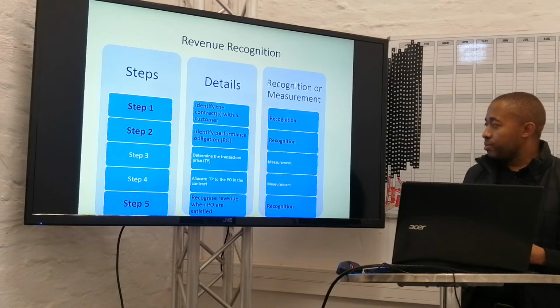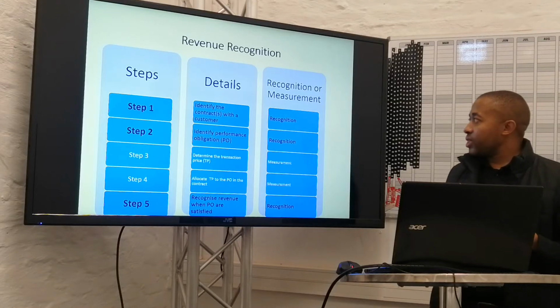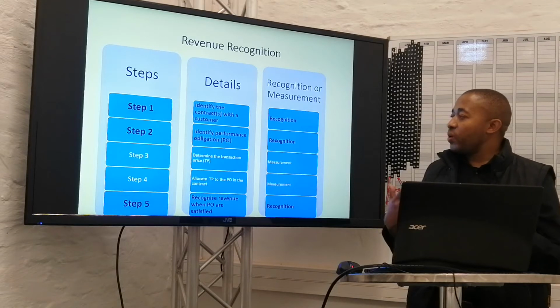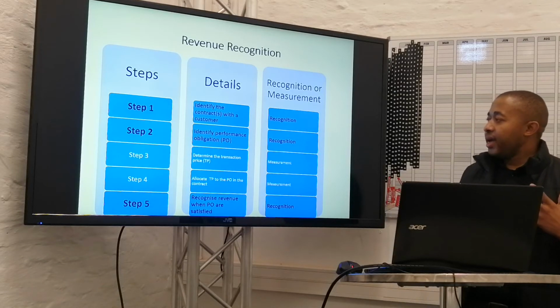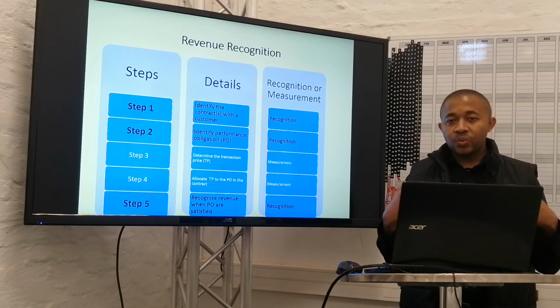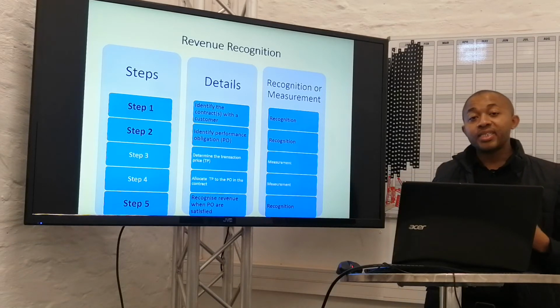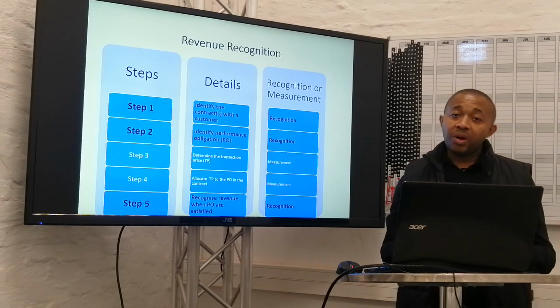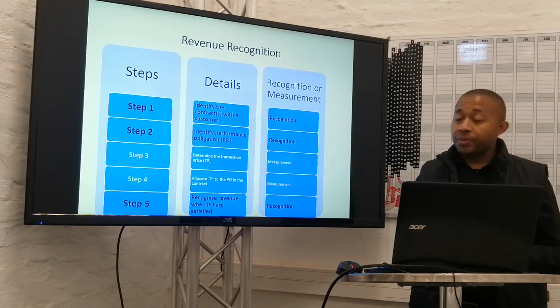Revenue also, we talked about its recognition. Now let's look at the steps and what each of the steps assist us with in accounting. Step 1 and step 2 assist us in the recognition of revenue. How do we recognize revenue?